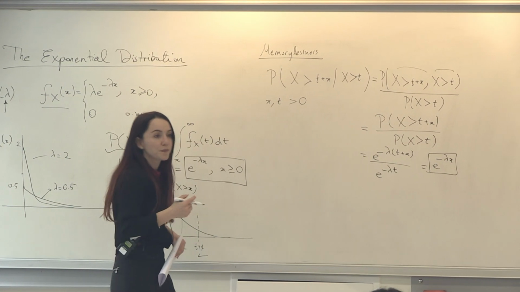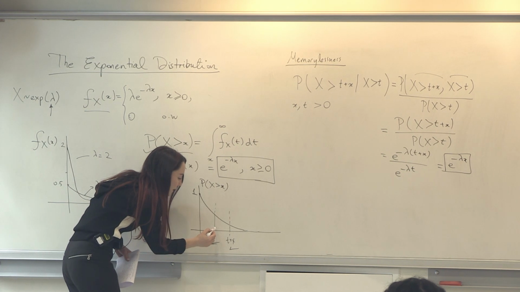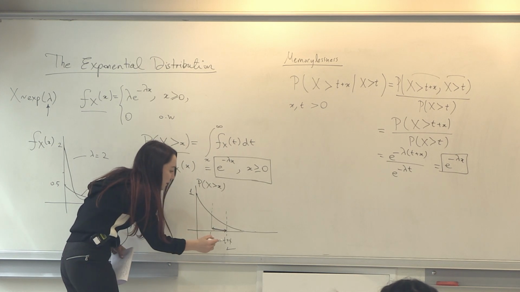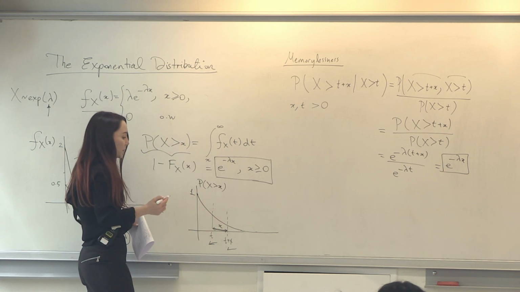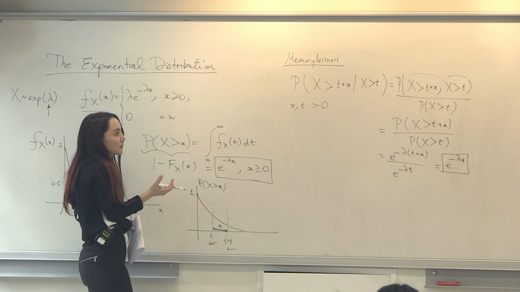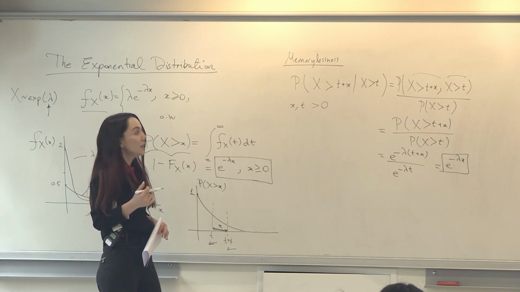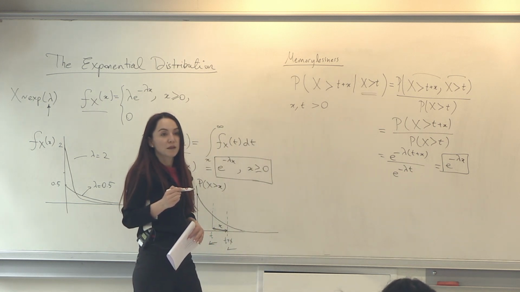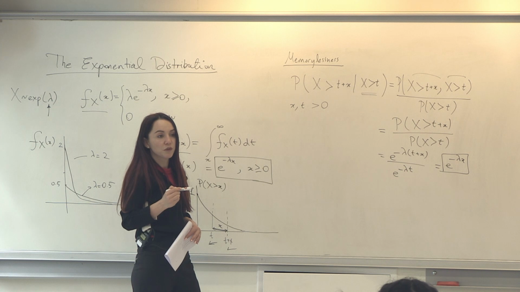What does that mean? It means that given it's already bigger than t, the probability that it's bigger than t plus x is the same as the probability of being more than x in the first place. So if you're waiting for the bus and bus arrivals are distributed according to exponential random variables, given that you already waited for t units of time, what is the probability you'll wait for x more units of time?